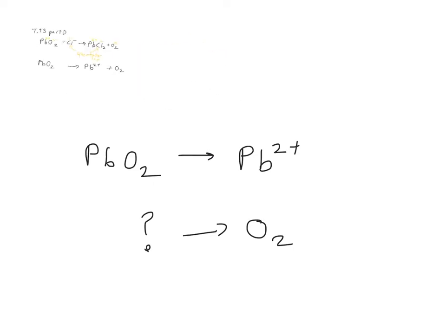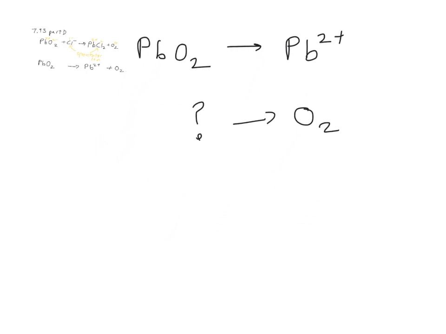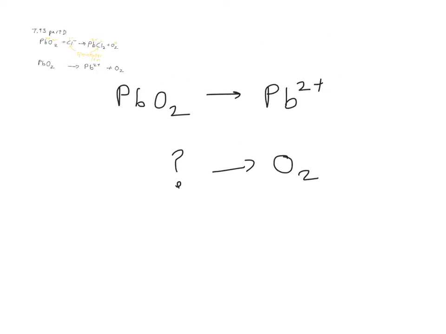And I'm going to shrink this part up there, move this up here. Okay. Let's follow our rules. First thing, my leads are balanced, so I have to balance my oxygens out by adding water.